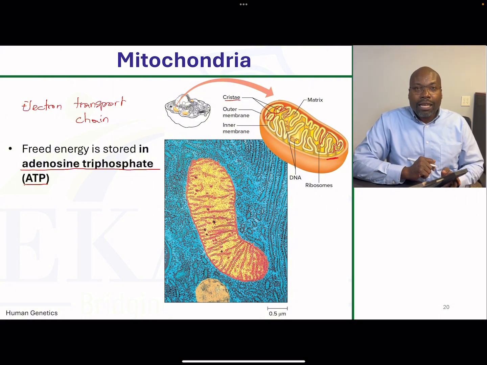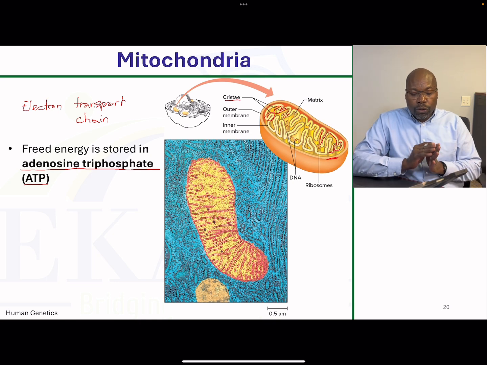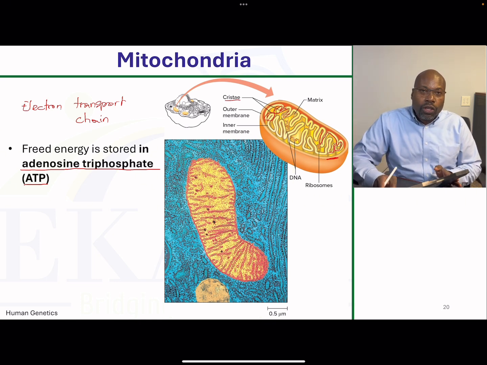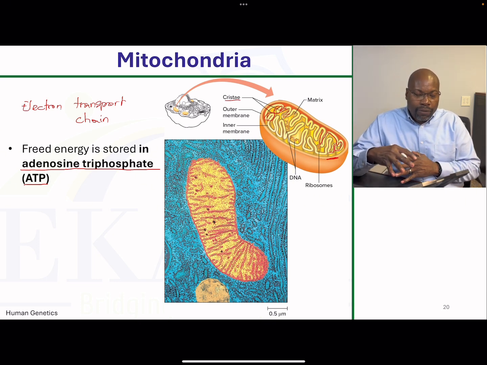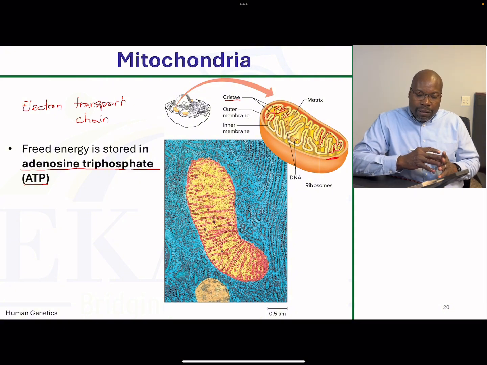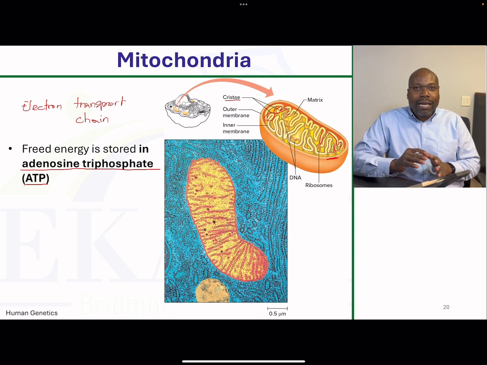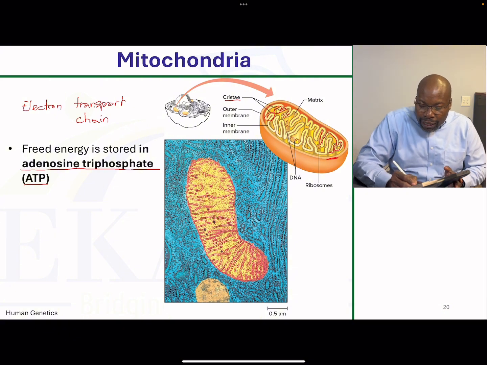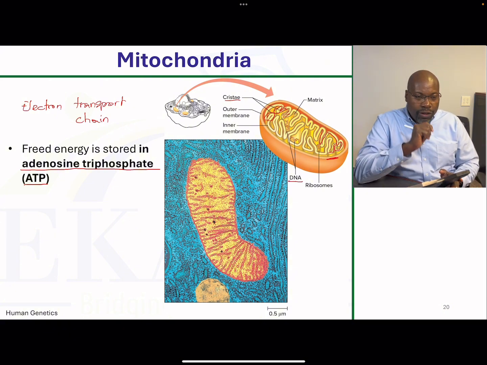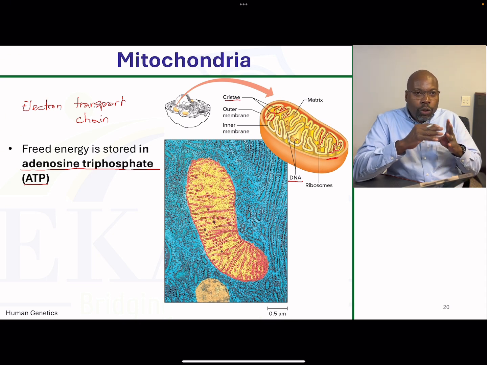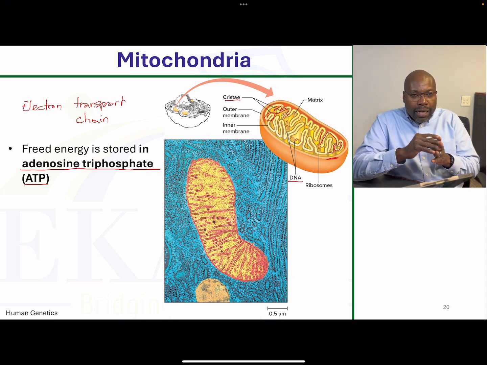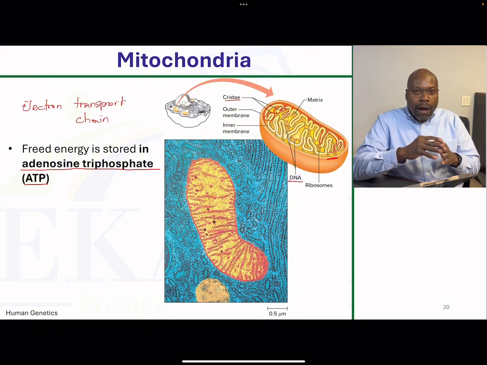The last thing I would like to mention about mitochondria is that when you consider all the cells in your body, beside the nucleus, the mitochondrion is the only other organelle that contains DNA as genetic information, right? So we have mitochondrial DNA. Now, let me tell you this. Your mitochondrial DNA comes from your mom.